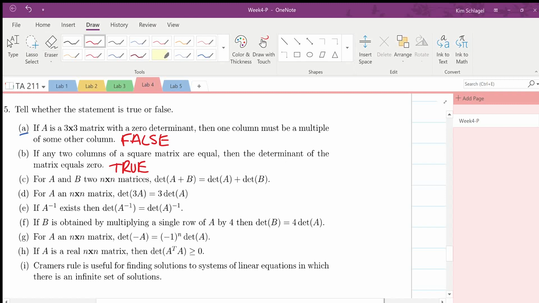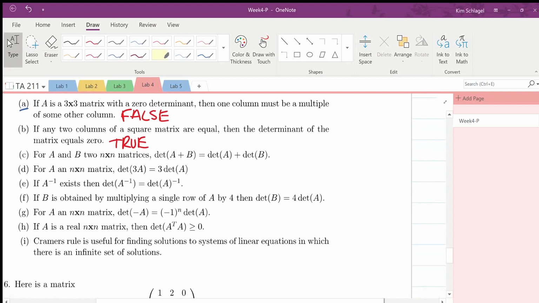Okay. So next one here, for A and B, which are two n by n matrices, so two square matrices, we have here the determinant of A plus B equals the determinant of A plus the determinant of B. Okay, so let's do an example here where we take A to equal the identity matrix.